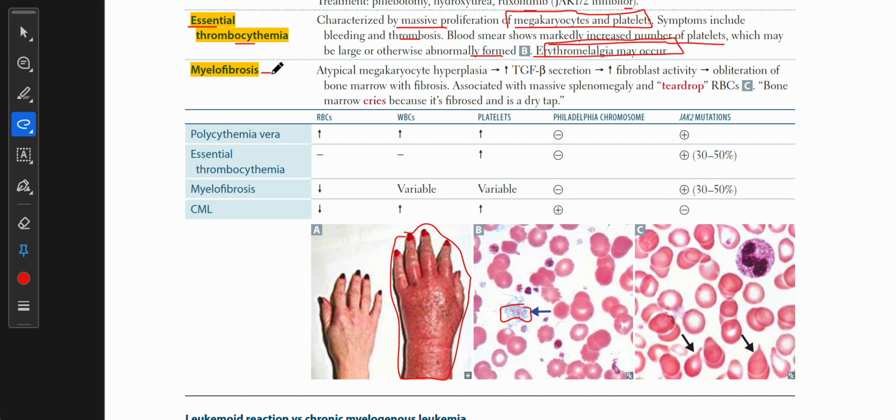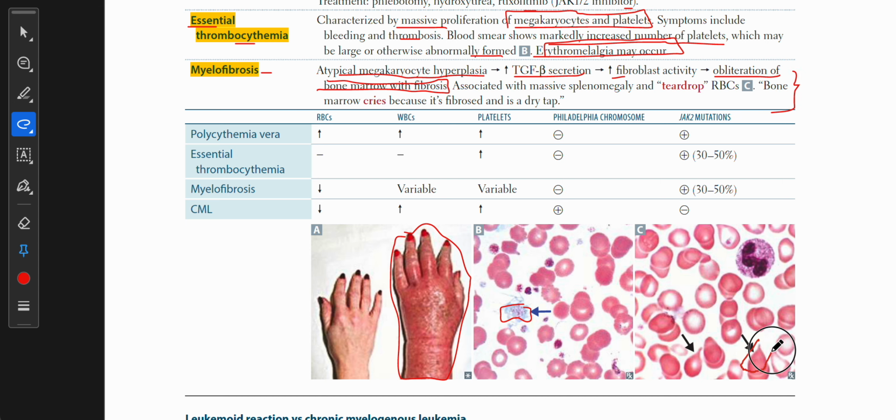And the third symptom is myelofibrosis. It is atypical megakaryocyte hyperplasia, and this increase will lead to increased TGF beta secretion, that is transforming growth factor beta secretion, that will lead to increased fibroblast activity and thus obliteration of bone marrow with fibrosis. It is associated with massive splenomegaly and also teardrop RBCs.